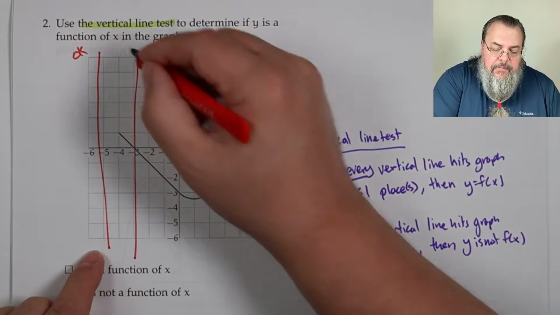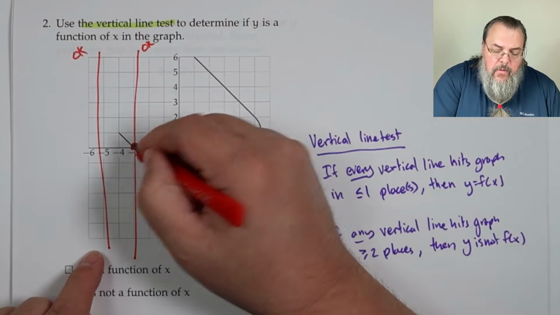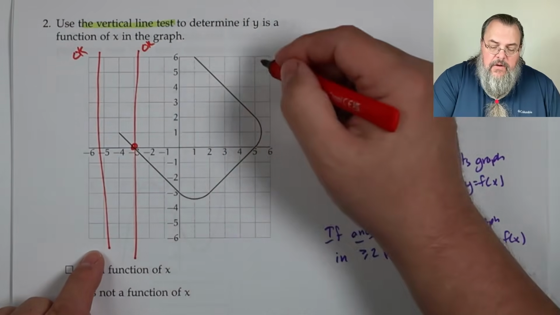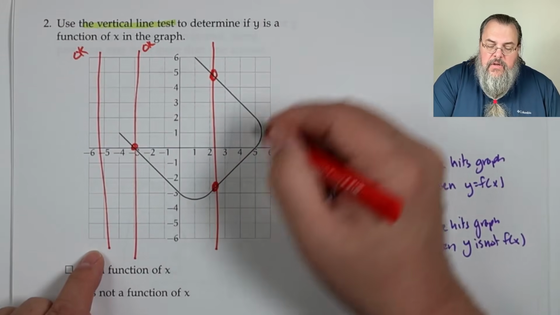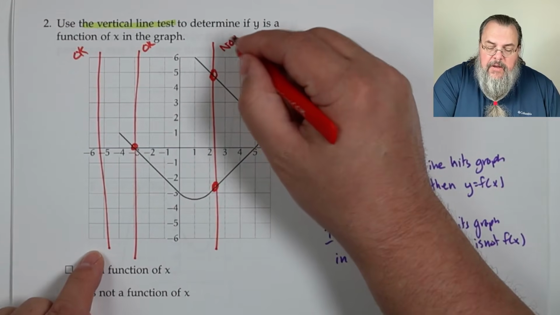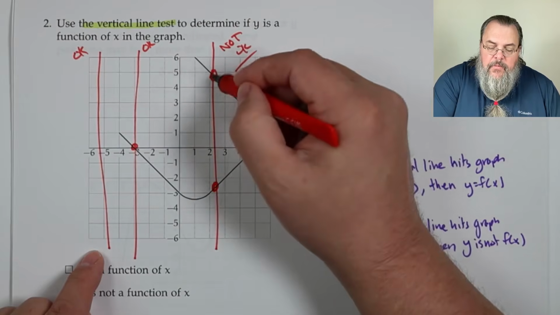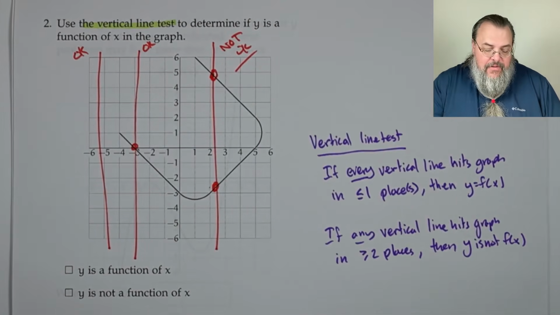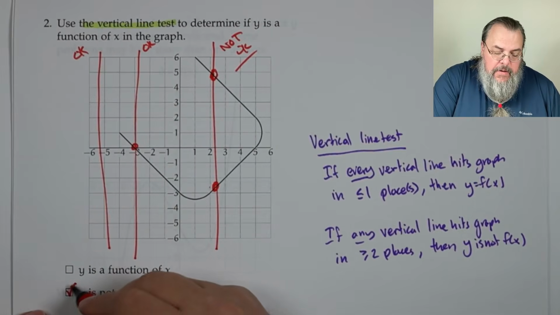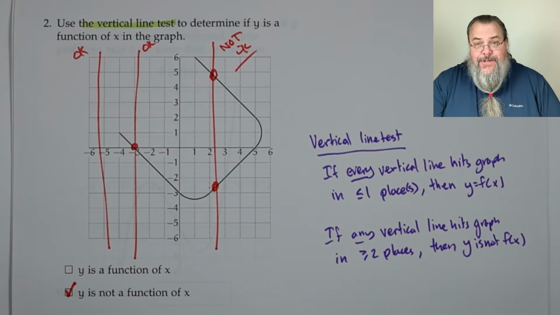This is okay because you hit one place. But now, here, you hit 2, and you're like, not okay. So, because we have that vertical line that hits in at least 2 places, we know y is not a function of x.